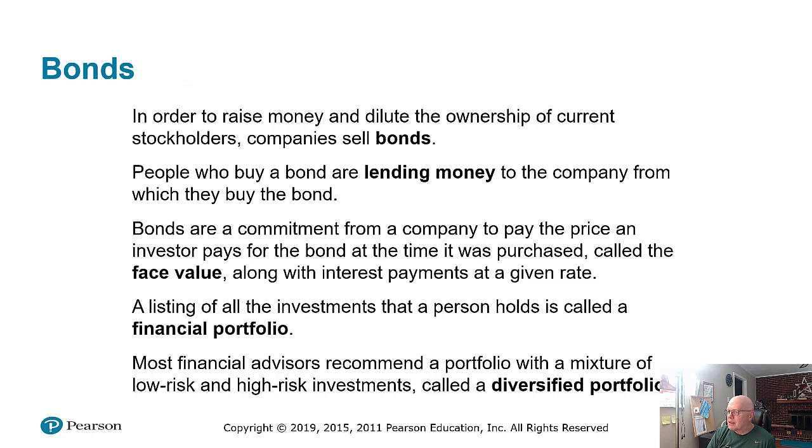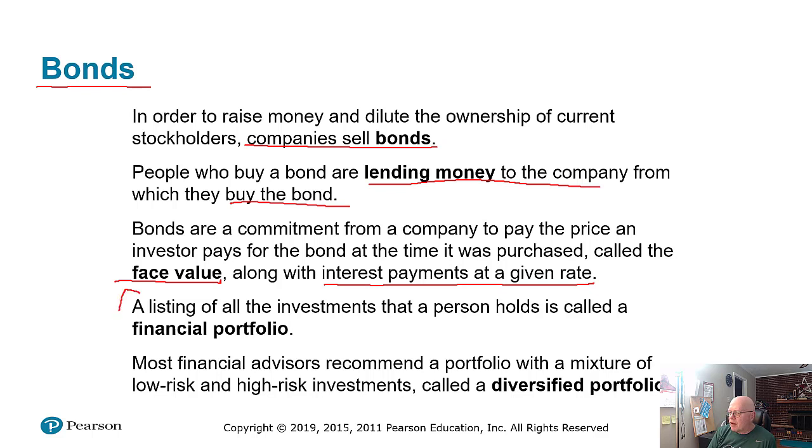Now, how about the bonds? Well, some companies sell bonds. This amounts to lending money to the company, and they're worth a certain amount of face value. And you get the face value along with interest payments at a certain given rate.